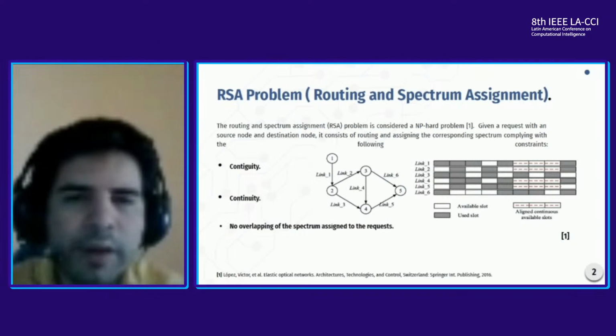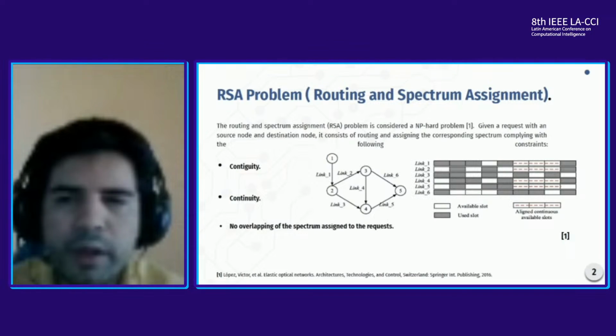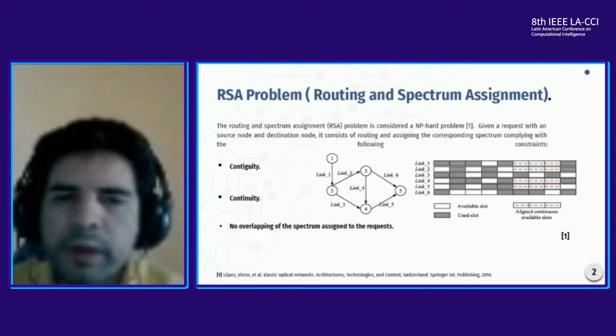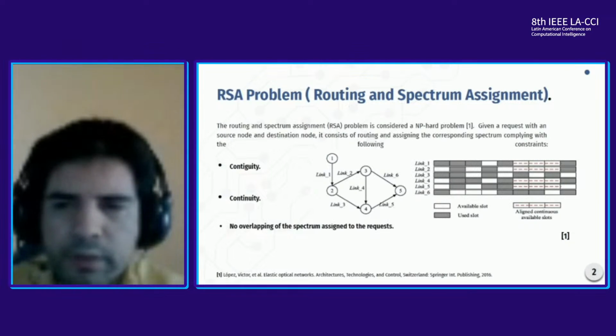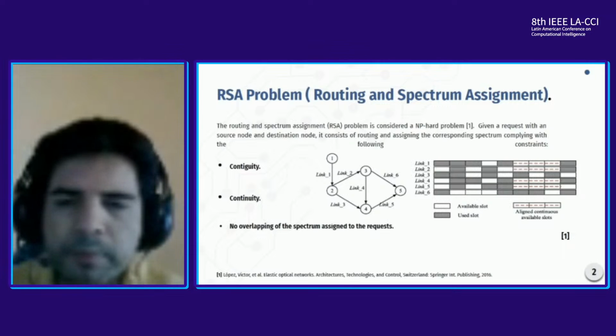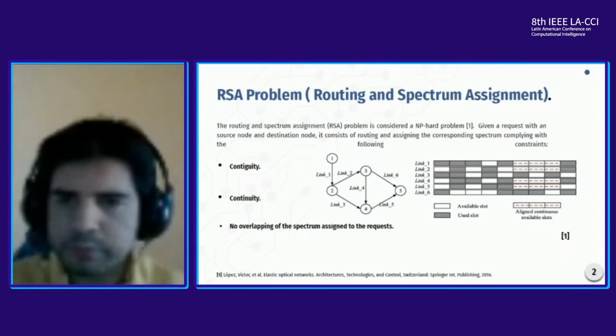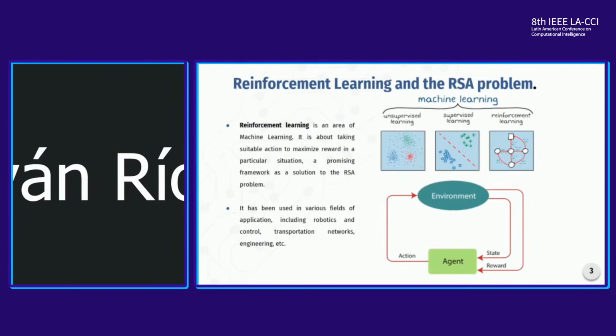The routing and spectrum assignment problem is considered an NP-hard problem. Given a request with a source node and destination node, it consists of routing and assigning the corresponding spectrum, complying with the following constraints: contiguity, continuity, and no overlapping of the spectrum assigned to the request.